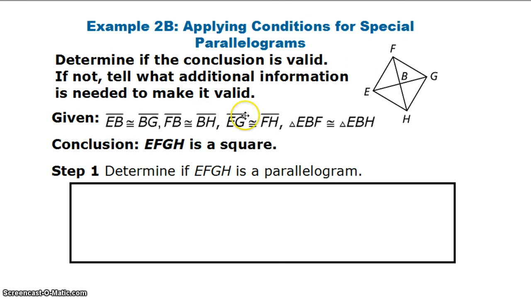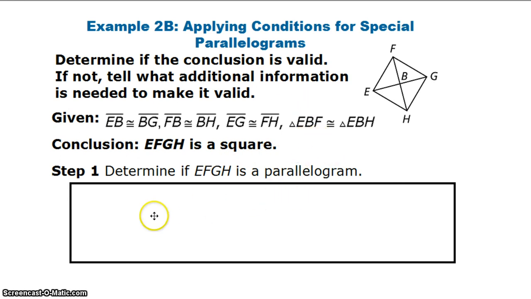Now we're being told that EB is congruent to BG, FB is congruent to BH, EG is congruent to FH, and triangle EBF is congruent to triangle EBH. So the conclusion is, EFGH is a square, okay?